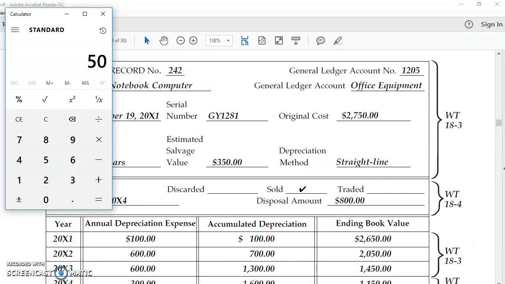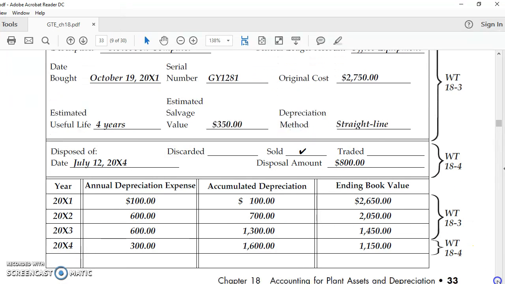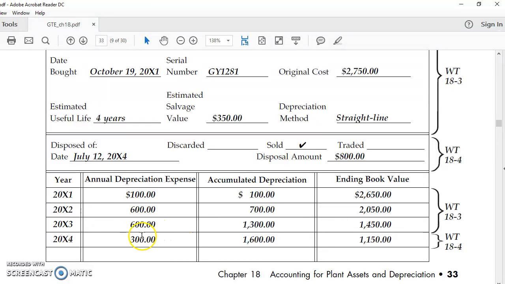Now, I am going to depreciate this asset the full $600 the next year and then the next year. But that last year, please note that I disposed of this asset in July. So I am going to depreciate the asset for January, February, March, April, May, and June, which is 6 months. Once again, we determined that the depreciation value for each month is $50.